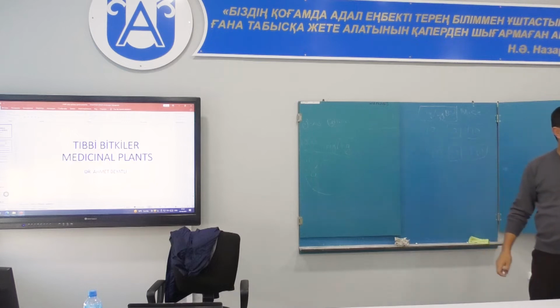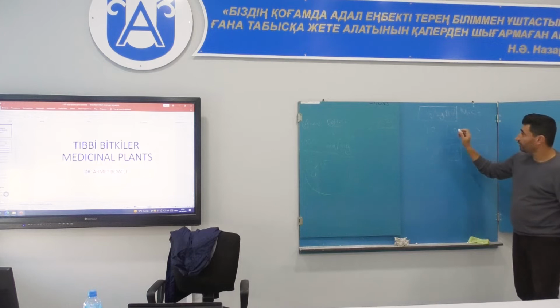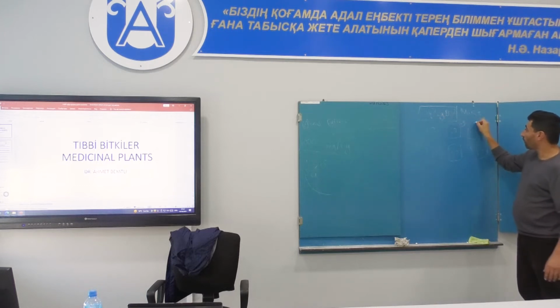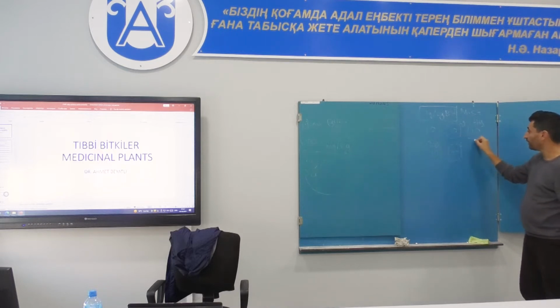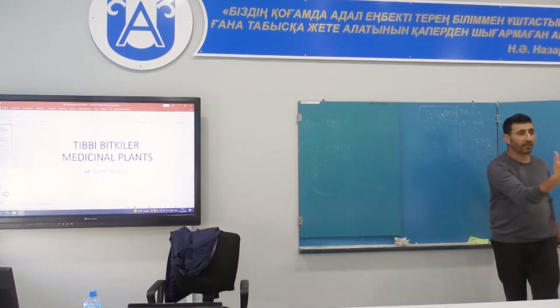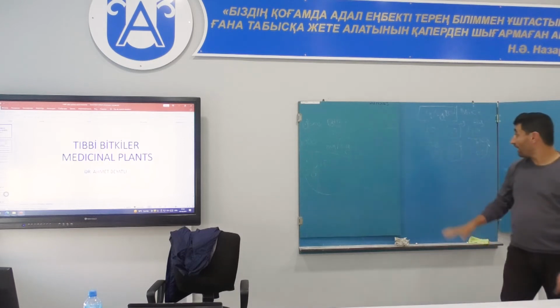For example, the mouse weight is 20 gram. I will make a simple calculation. Here 1, 2 gram, 4 gram, 8 gram. Here, how much? 16 and 32 gram. I will give them the extract, okay?